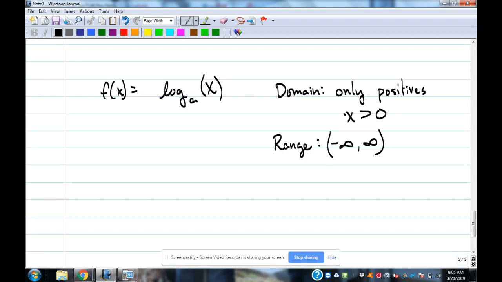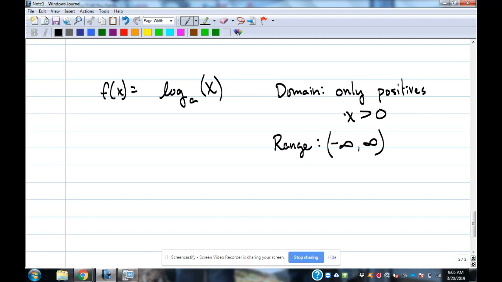A logarithm is the inverse of an exponential. Okay, so here, what does an inverse do? Swaps x and y, swaps domain and range. So here, this range is the domain of the exponential that this was. And then the domain is the range based on what that horizontal asymptote was on the exponential.